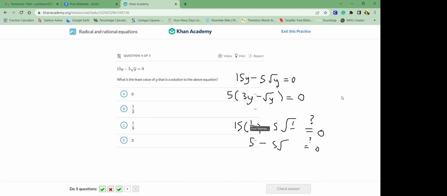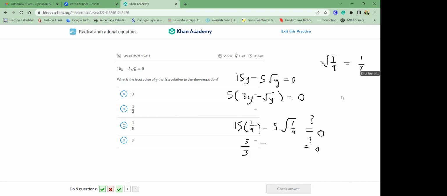So what's 15 times 1/9? 15/9 is what? 5/3. 5/3 minus, actually, this part is, what's the root of 1/9? 1/3, right?